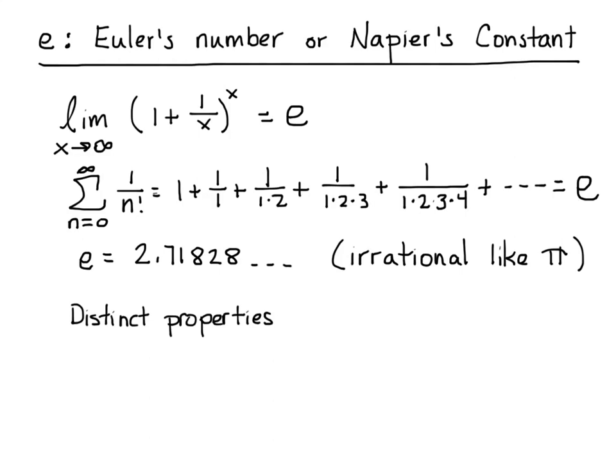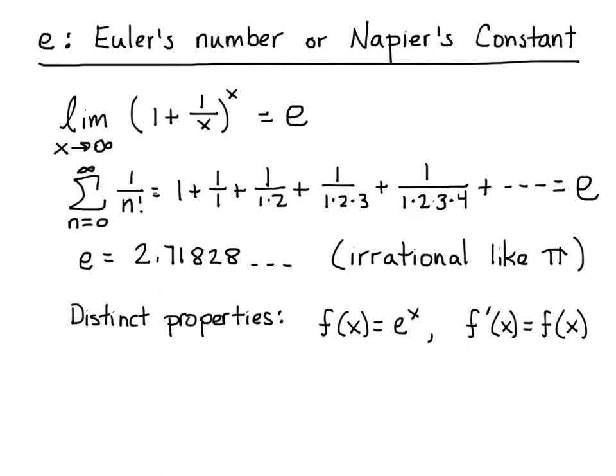We're going to find that in higher math, e comes up all over the place, and you're going to be living with this thing. It has some very distinct properties that are really cool, at least a mathematician thinks they're cool: the derivative of e to the x is e to the x.